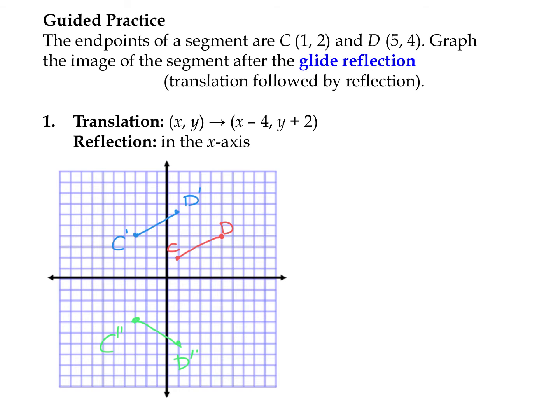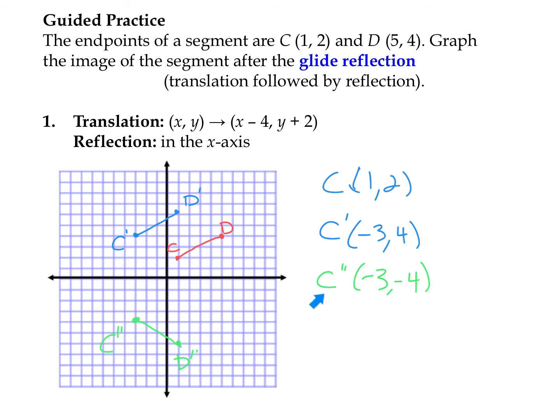For instance, if we just wanted to write down the coordinates, if we had C was at 1, 2, and then we follow the translation, C prime would be negative 3, 4, right? We would subtract 4 and add 2. So we subtract 4, then add 2. Okay? And then if we want to go to C double prime, we would take the reflection across the x-axis, and the x value doesn't change, and the y value changes signs.